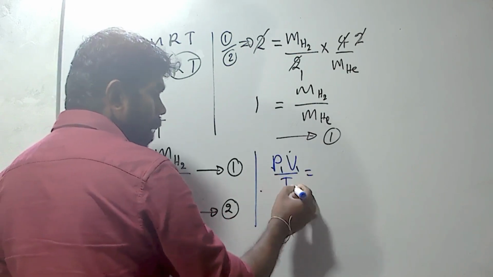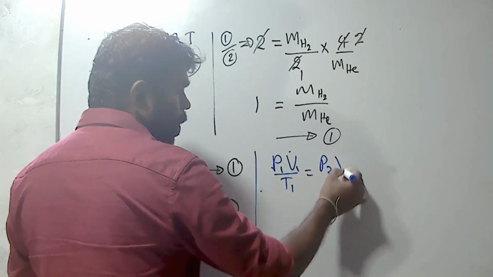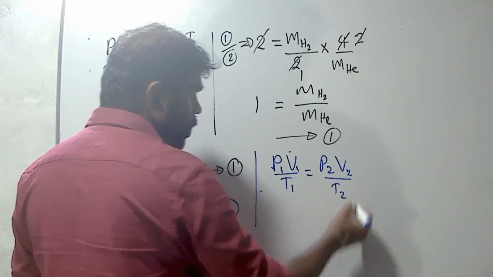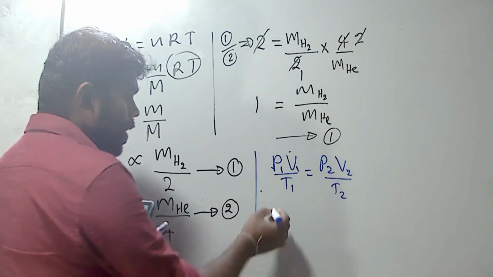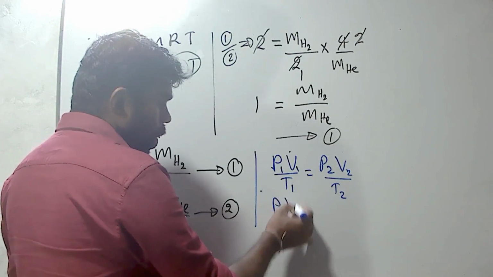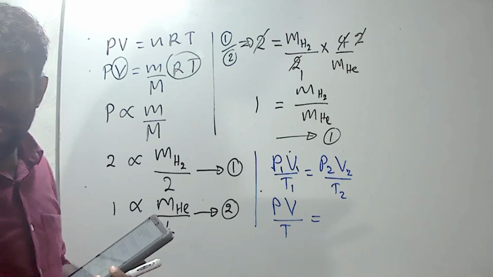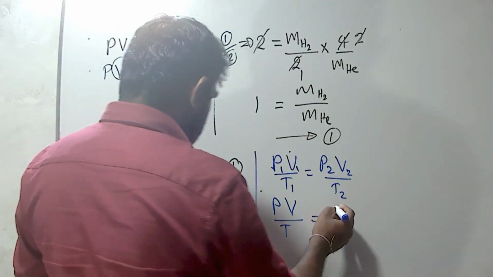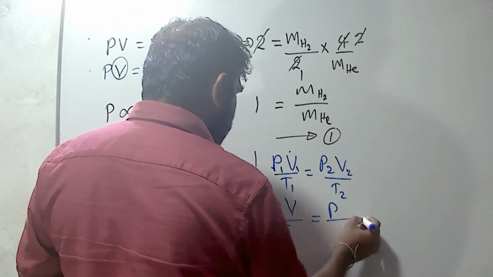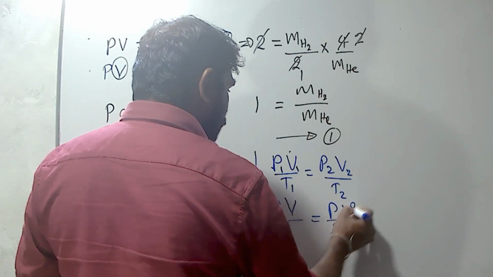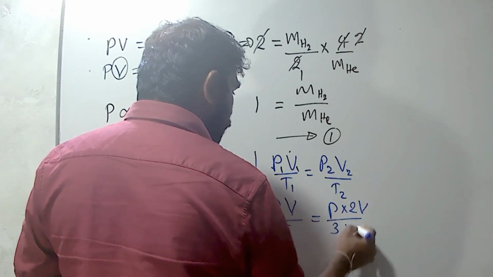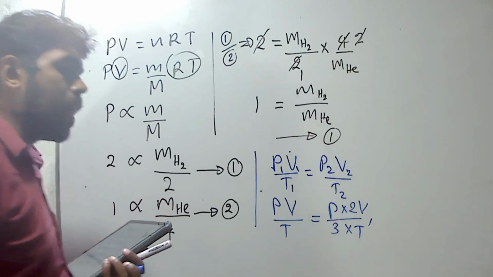P1 V1 divided by T1 equals P2 V2 divided by T2. For the initial situation, pressure P, volume V, temperature T. For the final situation, pressure 1/3 of initial value, P over 3, volume doubled 2V. We have to find temperature. I will consider temperature as T dash.